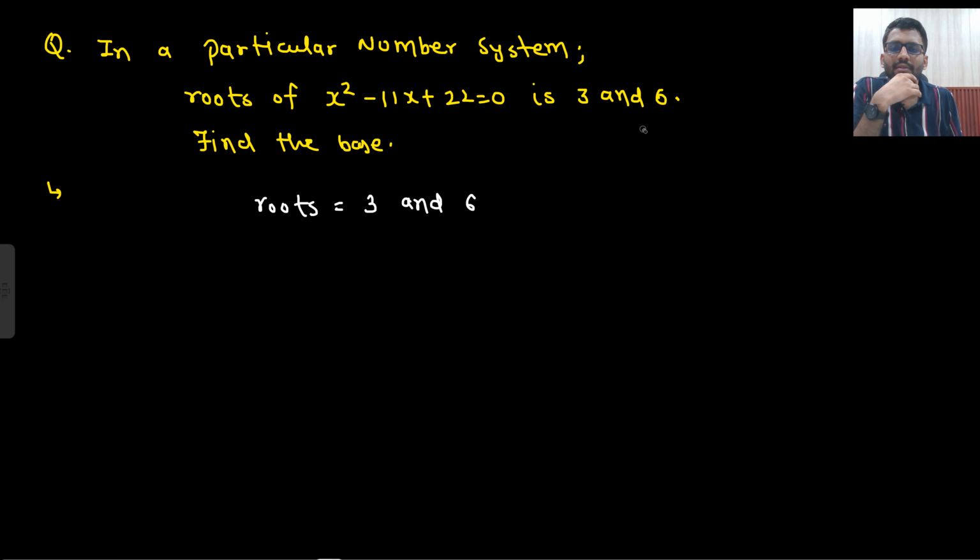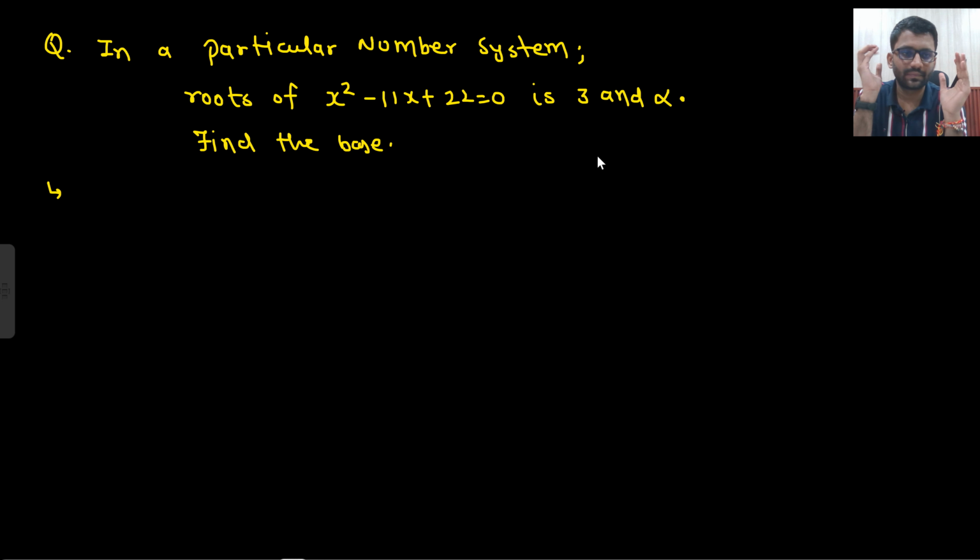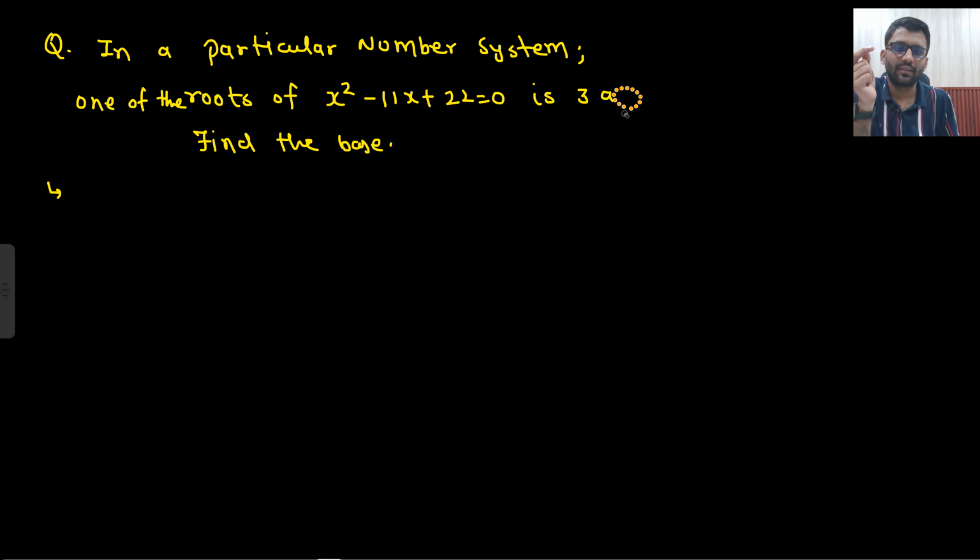And we can do something. Let's change this question: the roots are 3 and alpha. Find the base. In a particular number system, one of the roots of this equation is 3.